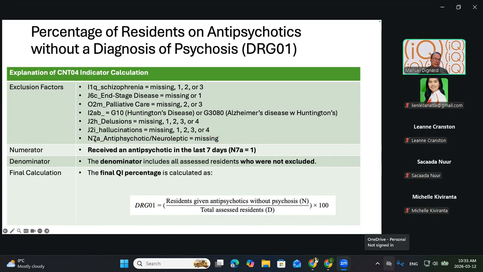So if the assessment qualifies, we always start with our general exclusions. Assessment qualifies. Are any of these present? If they are not on that resident, then that resident is part of the denominator. We're going to look at you. You're going to be part of our numbers.